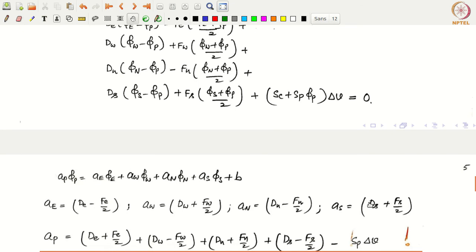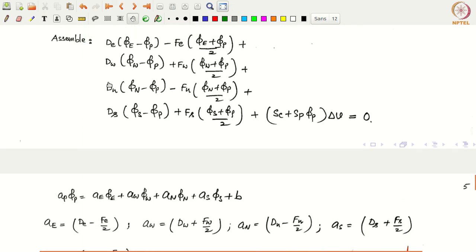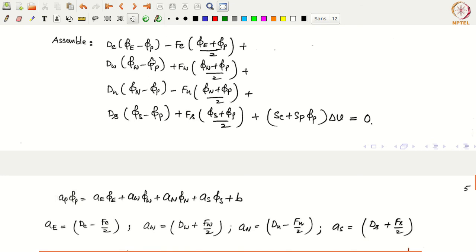Now what about AP? AP basically has a similar contribution, but the plus and minus for fw get flipped, because consistently for all the diffusion terms phi p has a minus, right? So that takes care of the same term for the same coefficient as here, but here we see that phi p has a plus. As a result, this part of the convection that's going into the contribution of the neighboring coefficients would change its sign when it goes to the coefficient of AP, right?